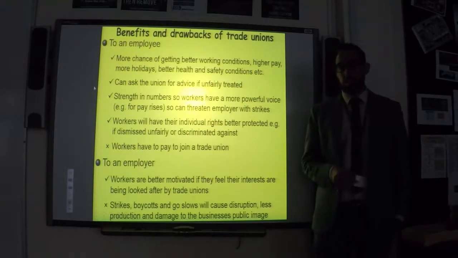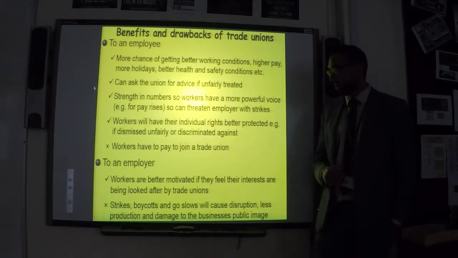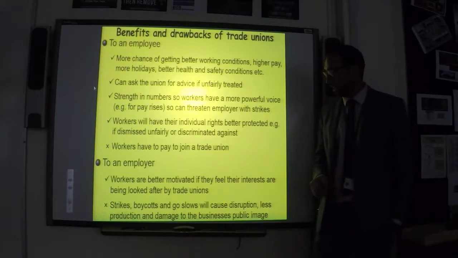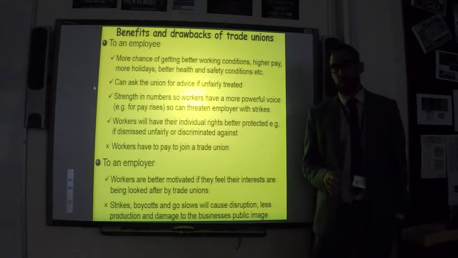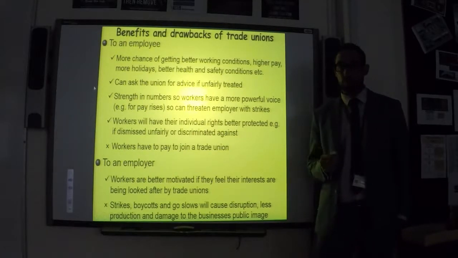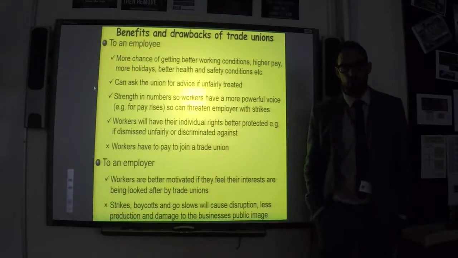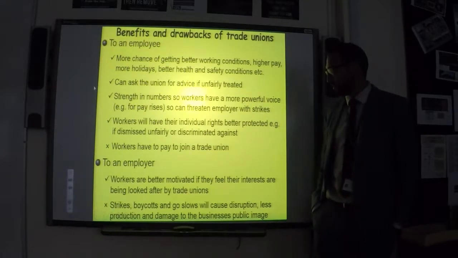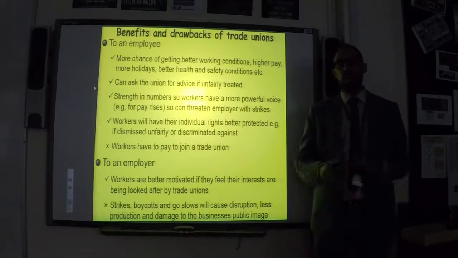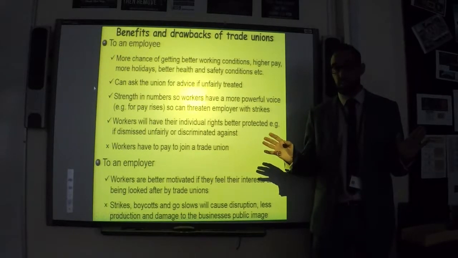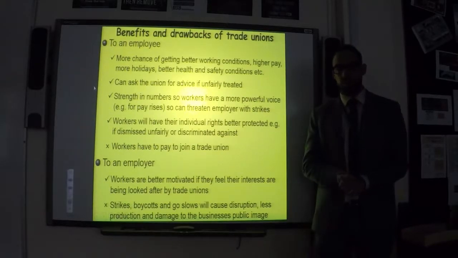British Airways is an example of a business that has had strikes in the past, where all of the air stewardesses, all of the air hostesses on the plane decided they weren't going to go into work. They were going to strike because they wanted more money. Now imagine if you're a customer ready to go on your family holiday for the year with British Airways, and then British Airways suddenly sends you a text message or an email saying, sorry, your flight's cancelled, you cannot go on holiday because we have no staff.